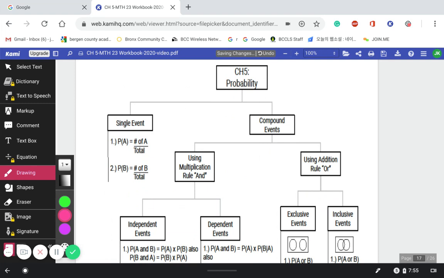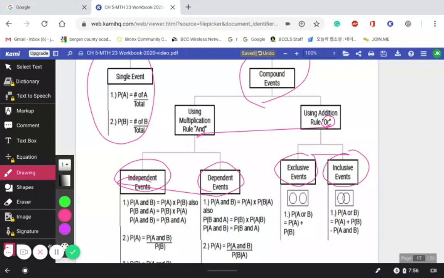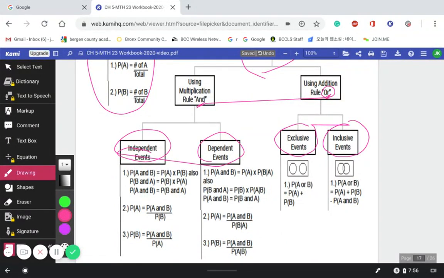And when you use the addition rule, there is exclusive and not exclusive, and I call that inclusive. There is an inclusive portion in it. They are similar but yet a little different. So you have to recognize all these differences. So in independent events, you multiply each event. When they are dependent, you multiply the given portion.